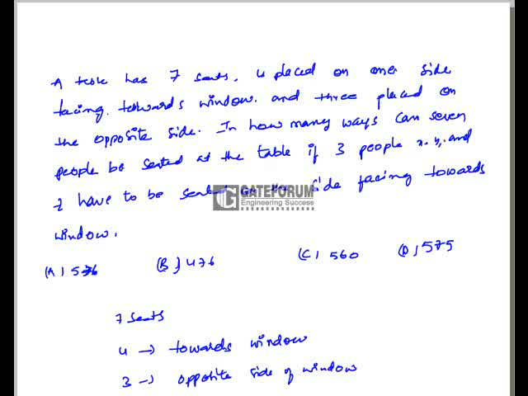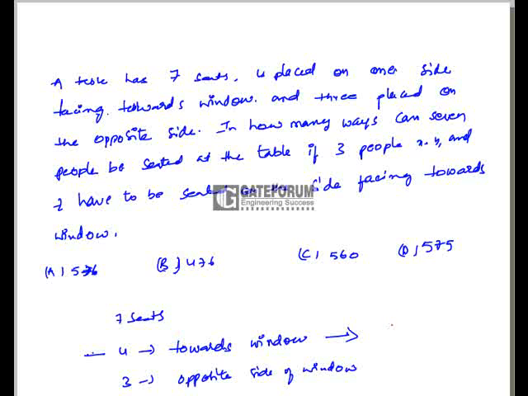Here we have to find the number of ways in which 7 people can be seated if 3 particular people x, y and z have to be seated on the side facing towards the window. So there are 4 seats facing towards the window, and let us put these 3 people x, y and z in these 4 seats. This is nothing but arranging 3 dissimilar things in 4 places.